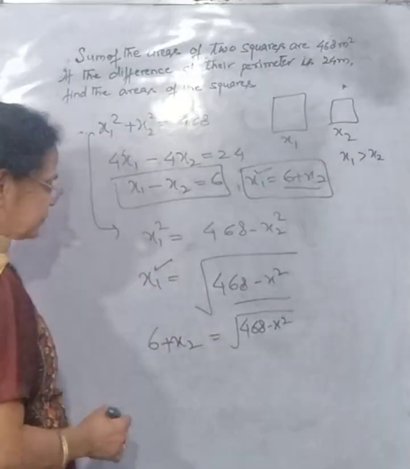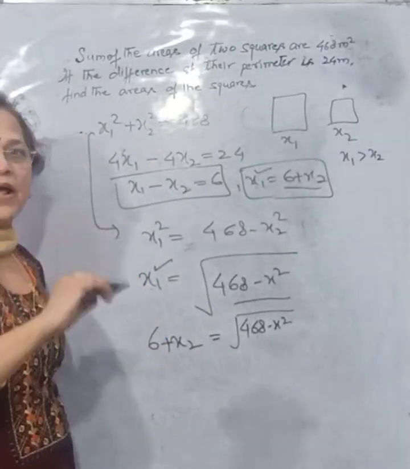Now in order to remove this root, we have to square both the sides.